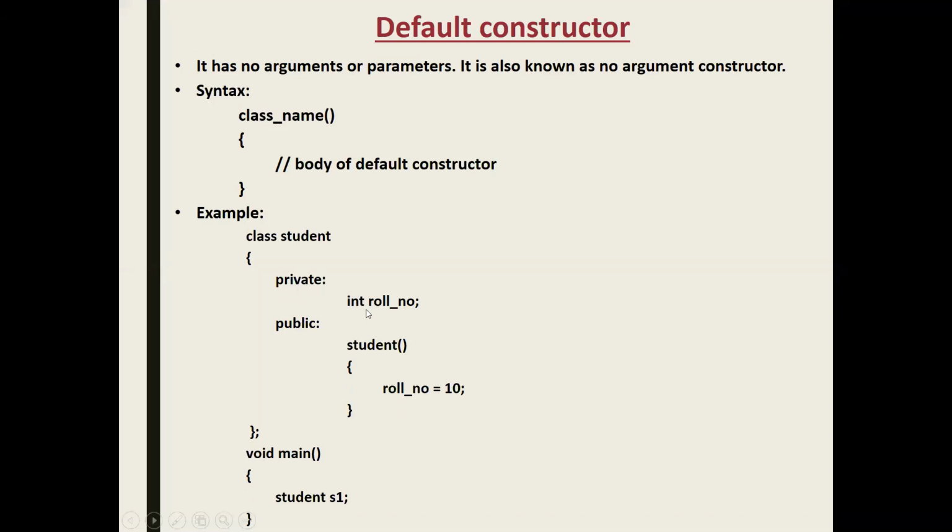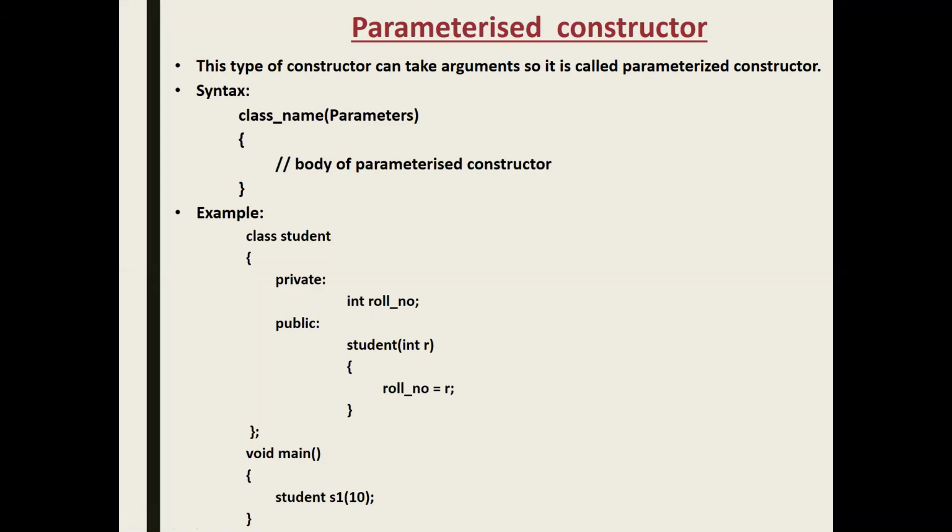So private int roll number, public, it has been initialized over here, and s1, if I call this, then this particular value will be initialized, right? I'm not going to display this. I'm just going to initialize the value of the variable through the default constructor. Then parameterized constructor, same thing with the help of object. I'm just passing the value and I'm initializing to the local variable in the class.